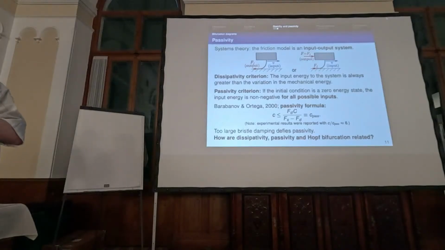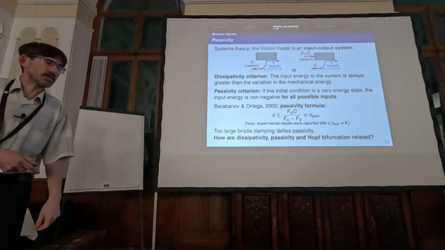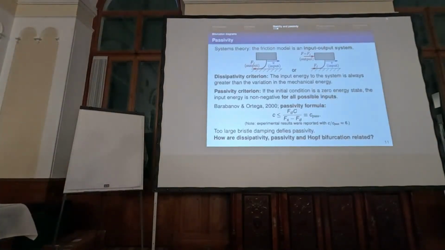Actually, only one result is reported, and in that case, the Bristol damping is 6 times bigger than this limiting case. So if we are in a non-passive parameter domain, it will not defy the laws of physics, perhaps. But still, a too large Bristol damping violates the passivity.